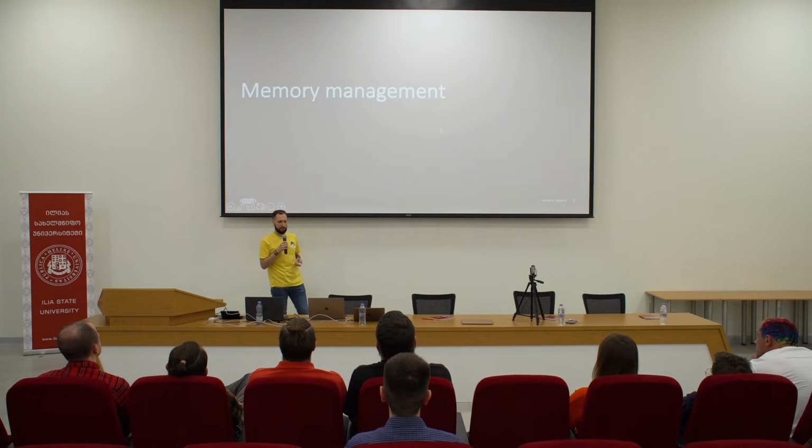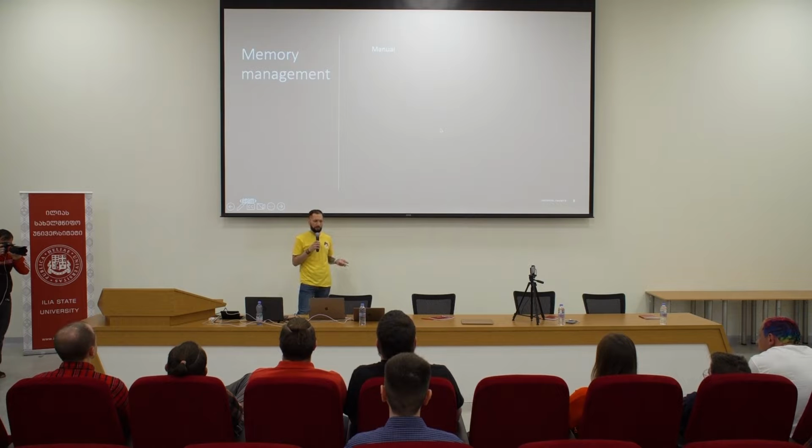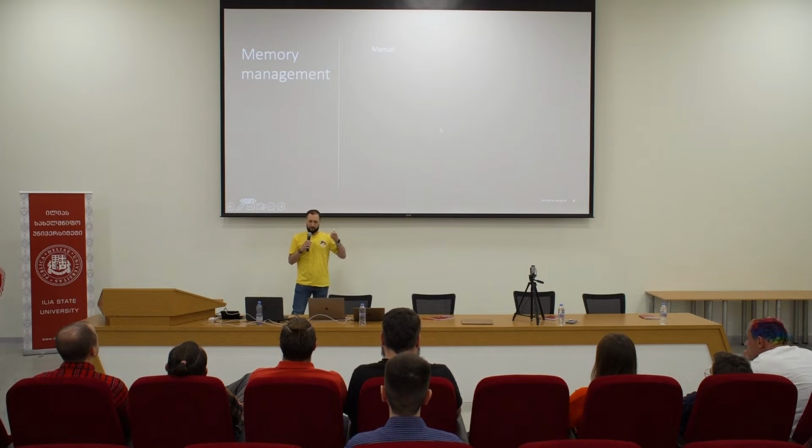But now let's take a look at how we can manage memory in our application. How we can tell our system that we need some memory or we don't need some memory. So the first type of memory management is manual. The system gives us some API where we can say that we need some memory and that some memory is not necessary anymore.